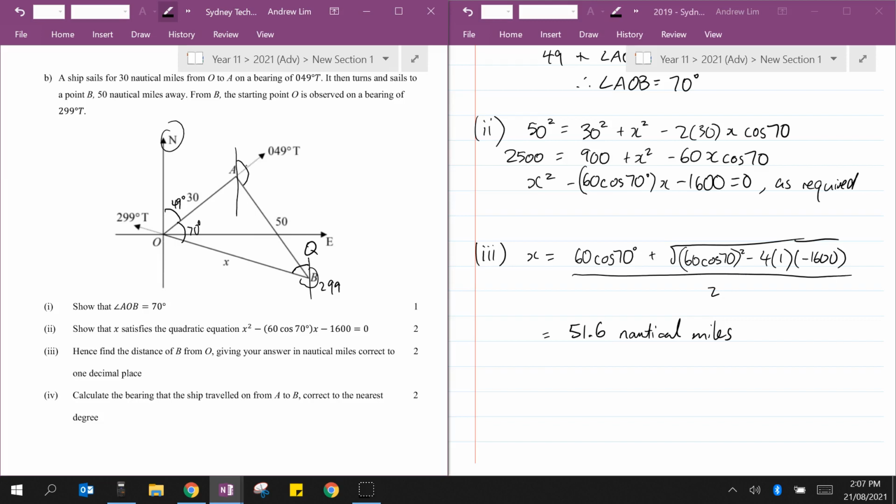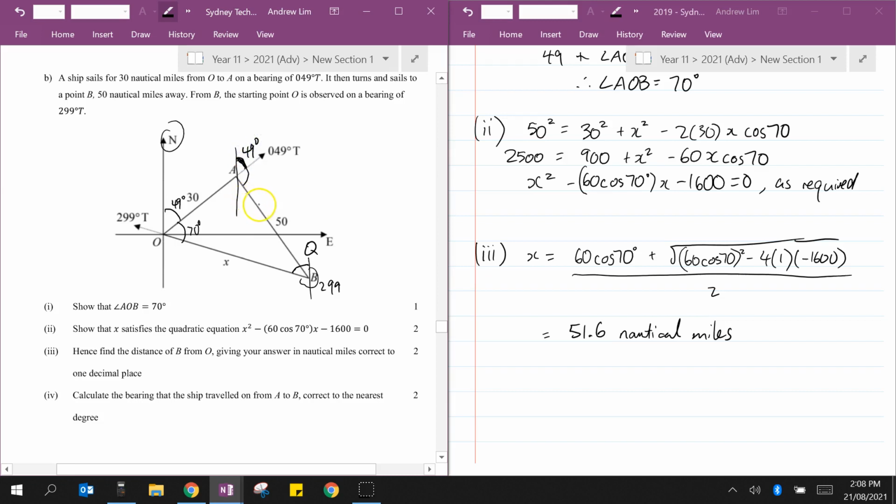Alright, what are we going to do? Okay, I know that this bit here is equal to 49 degrees.